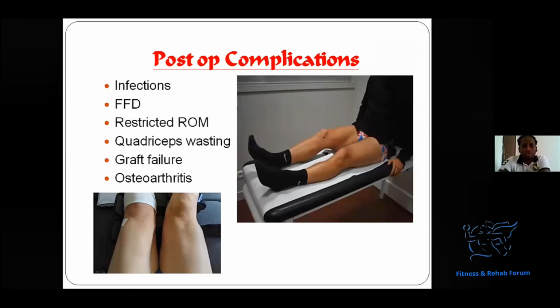Infection is another complication. And again, osteoarthritis. If they don't go for surgery, there is a lot of chance of arthritic changes, and even after surgery they can have osteoarthritis. That is also one of the main complications we get. But the most regular complication is fixed flexion deformity.